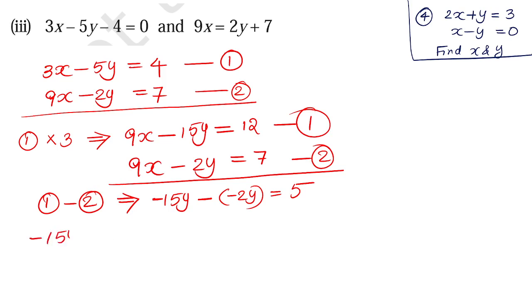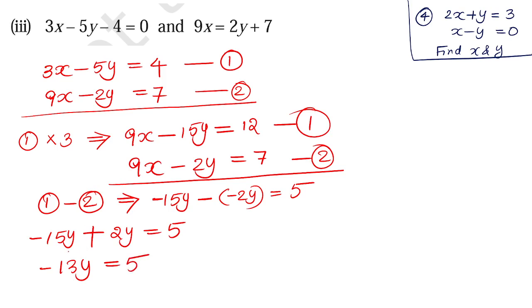So minus 15y, minus minus becomes plus, 2y equal to 5. You will get a fraction. Minus 15 plus 2 will be minus 13y equal to 5.